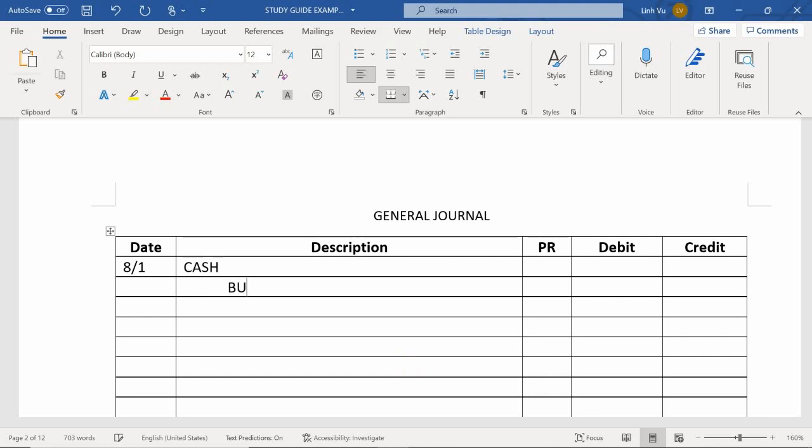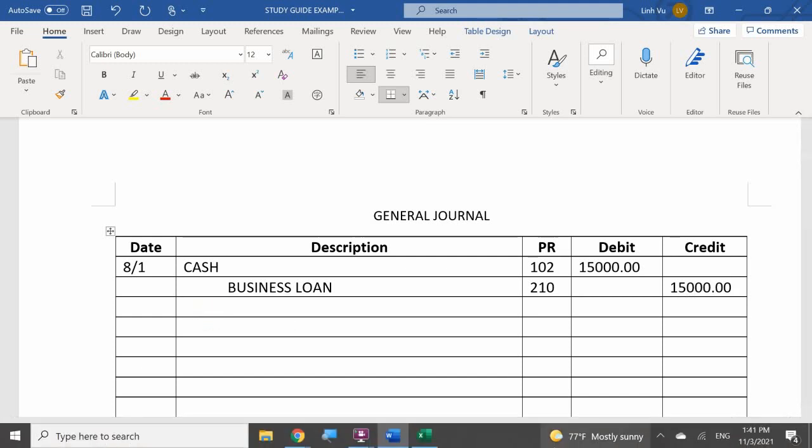The account number for cash is 102, and the other one is 210. And how much did I borrow? $15,000.